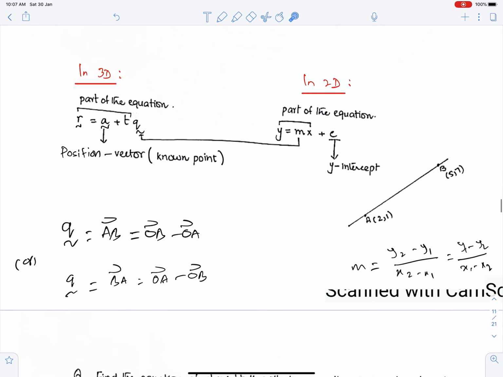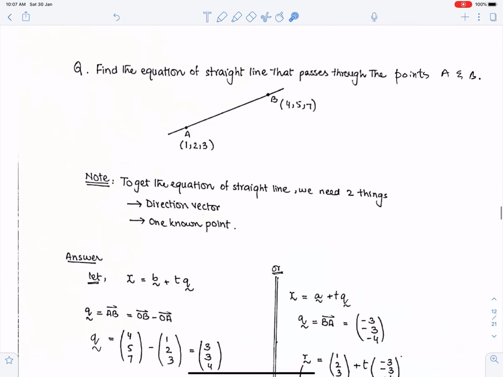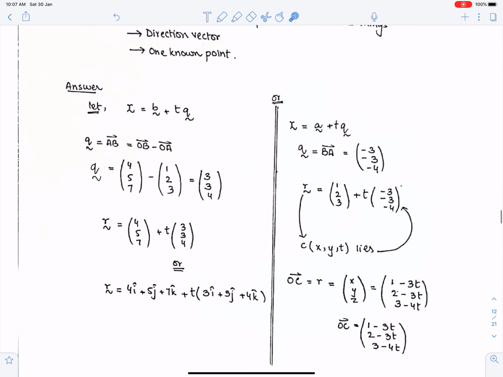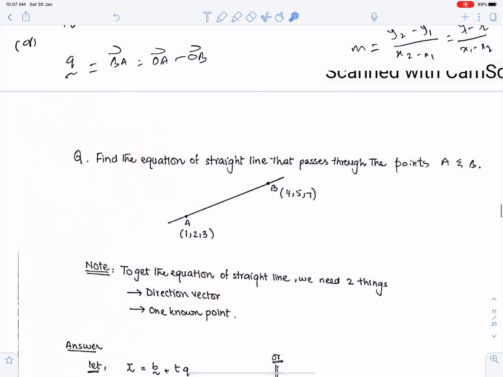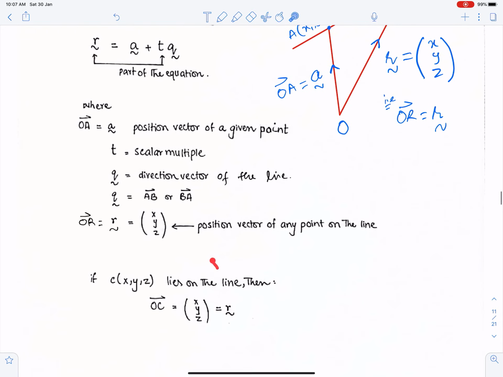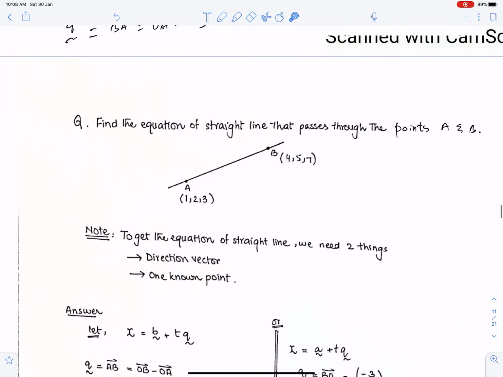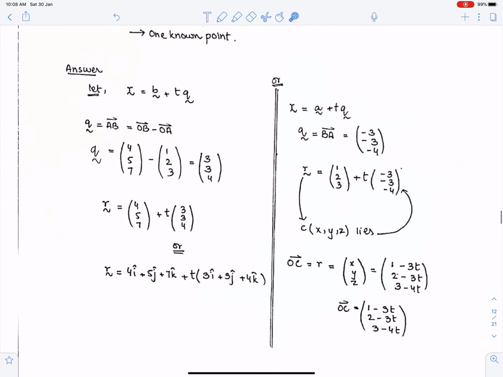We have already discussed this comparison in 2 dimensions and 3 dimensions, and we have discussed this example as well. This is x, y, and z. So if C is unknown, although we have discussed this here, I would like to discuss it again.